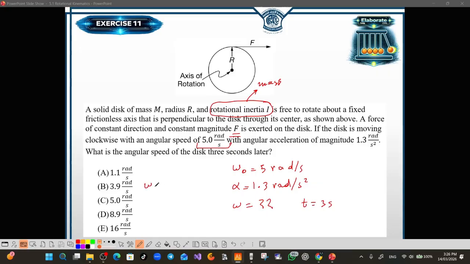To find the angular speed, we just use one of the kinematics equations, and I will choose this one. Omega 0 is 5, alpha is 1.3, and the time is 3 seconds. So the final answer would be 8.9 radian per second.